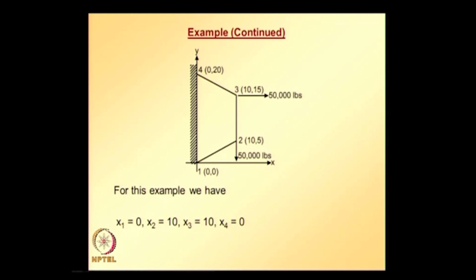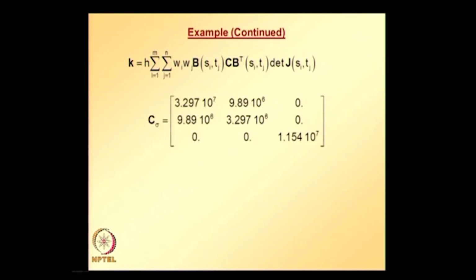So to proceed further, we need to make a note of the coordinates of all nodes, x coordinates and y coordinates. Once we make a note of it, we are ready to evaluate the stiffness matrix.